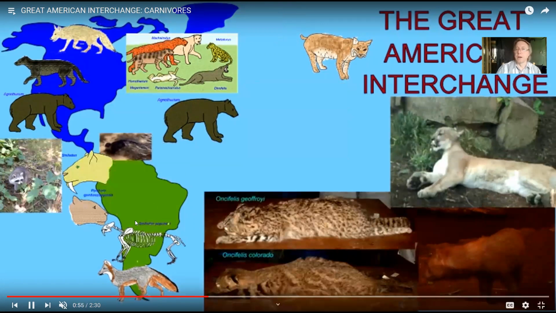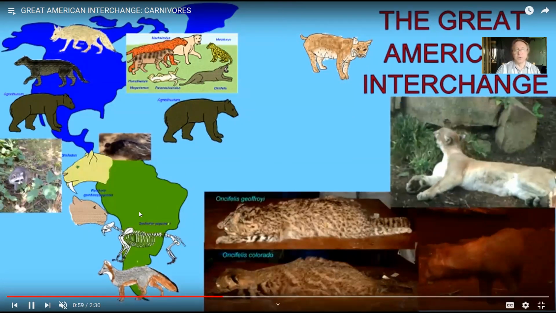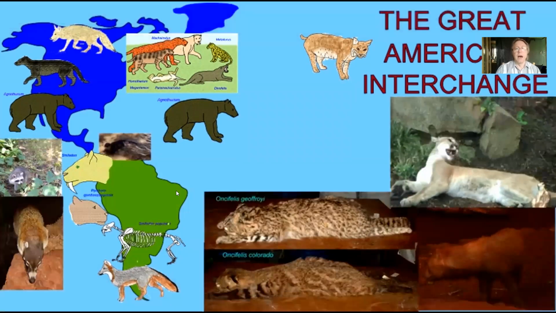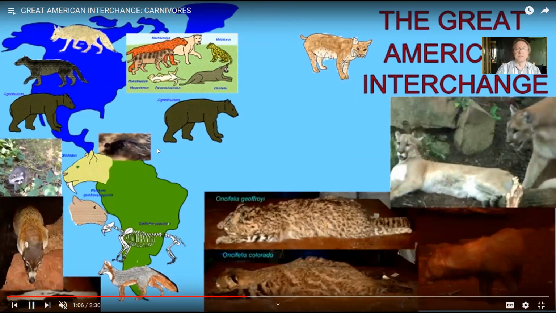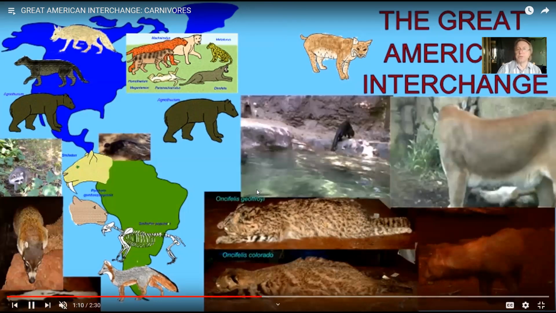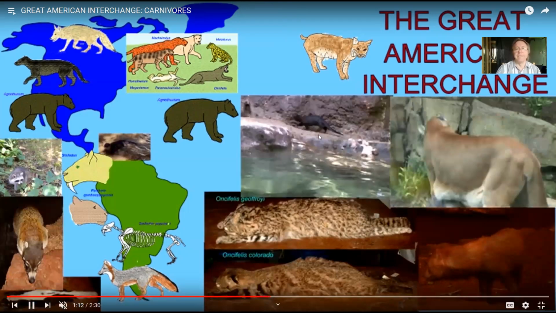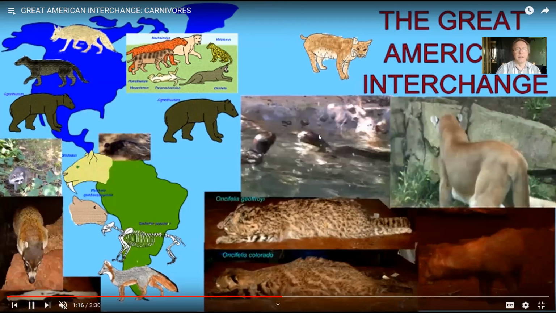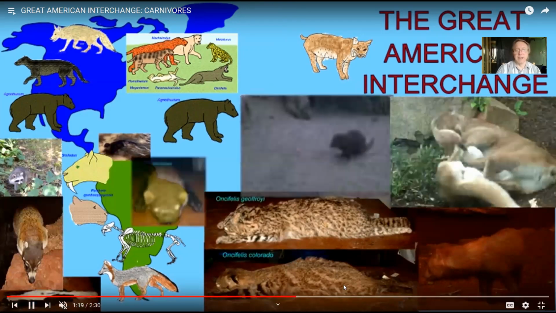So not only are there raccoons in South America, but also the coatis, which are their relatives. A number of mustelids came down, like skunks. Otters came down, giving not only the river otter, but also the giant Brazilian otters, which can reach 5 feet long. Bears were able to reach South America.